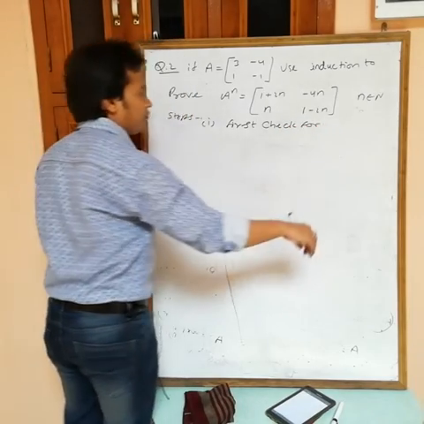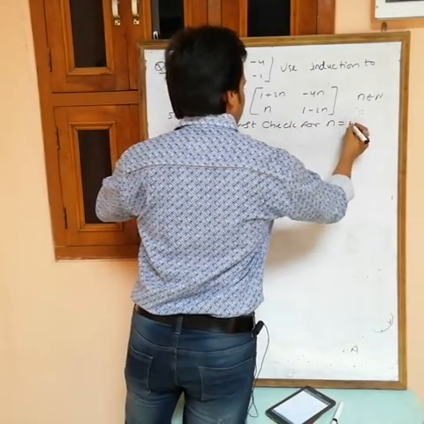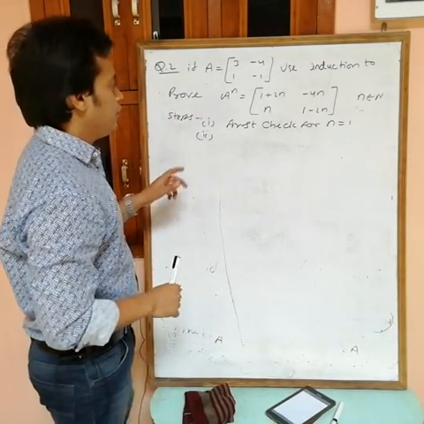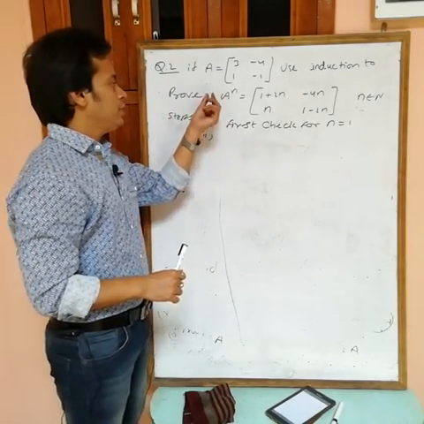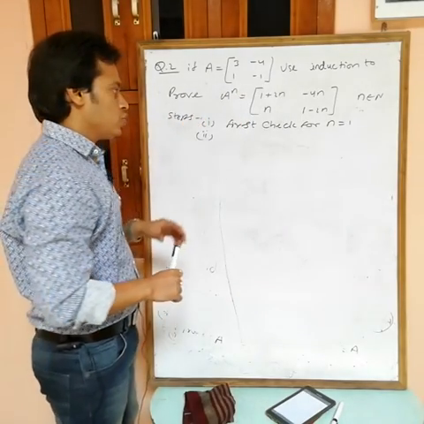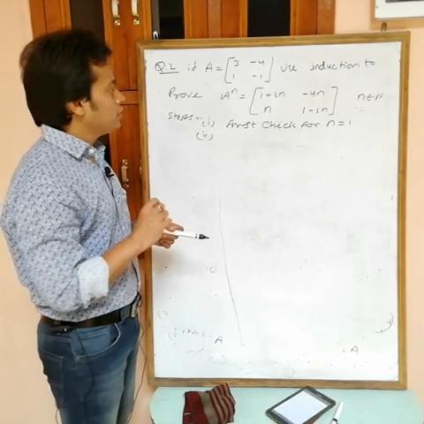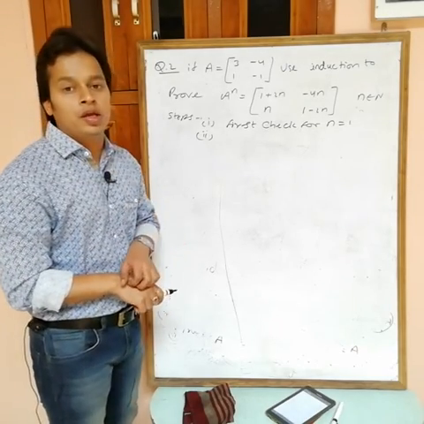Check for n equals to 1, and when you check for n equals to 1, you will get that LHS is equal to RHS. Then assume from our side that this statement is true for n equals to k.